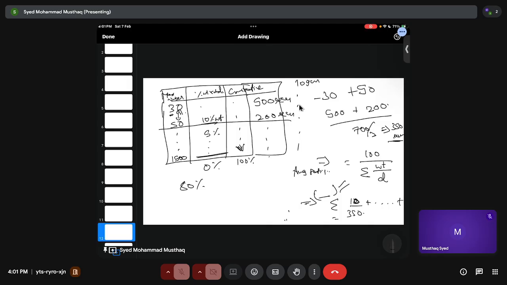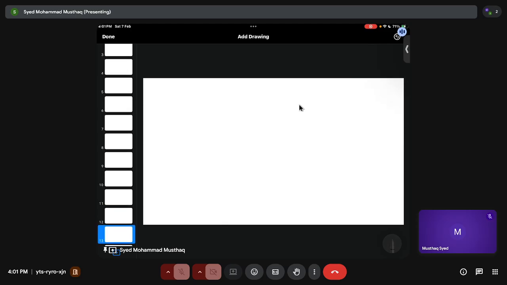Now, let's say 80% pass is what we decide. Then we find out which sieve will give me the 20%, and this is my mesh number.